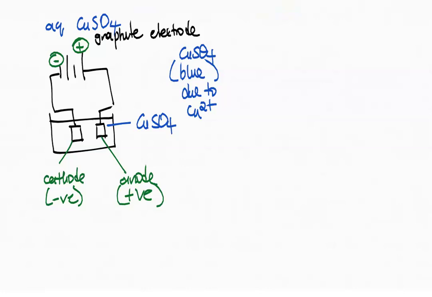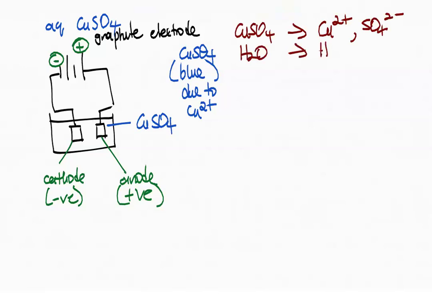Let's see what's going to happen here. Let me work out all of the ions present. From copper sulfate, I will get copper ions. I will also get sulfate ions. From the water, I'll get H plus and OH minus.